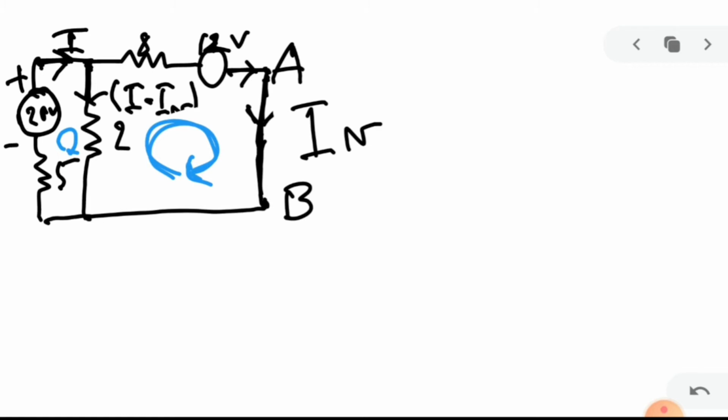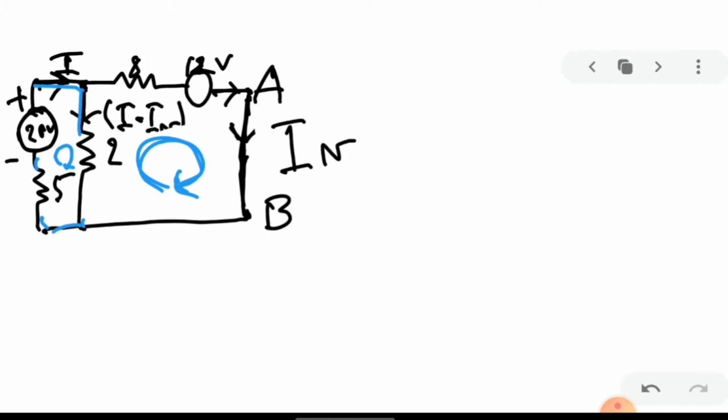At first the small circuit. Here I is in that direction, here I minus IN in that direction.